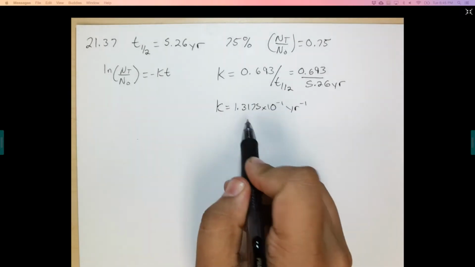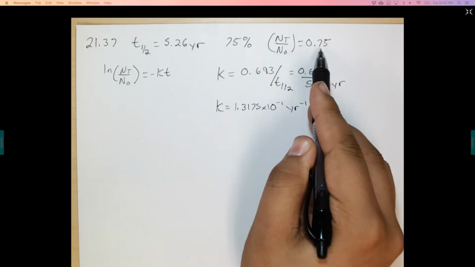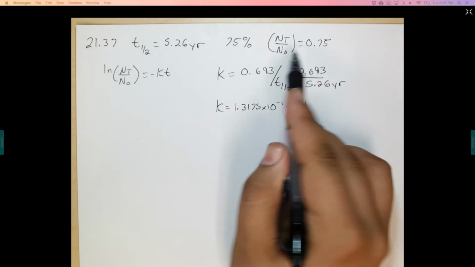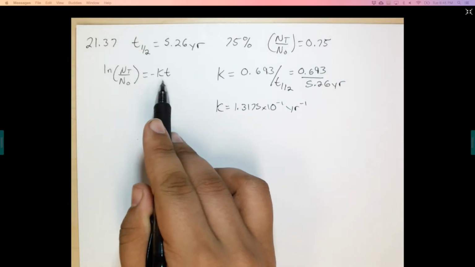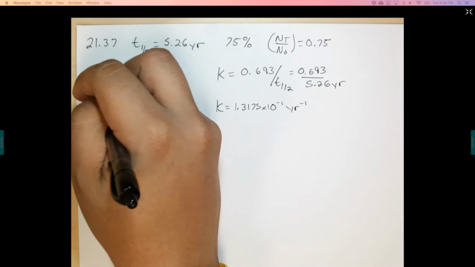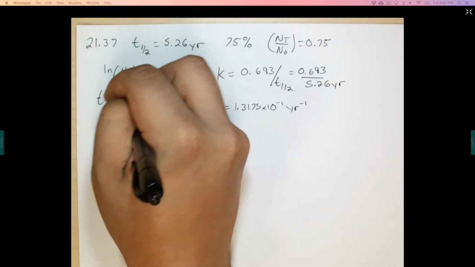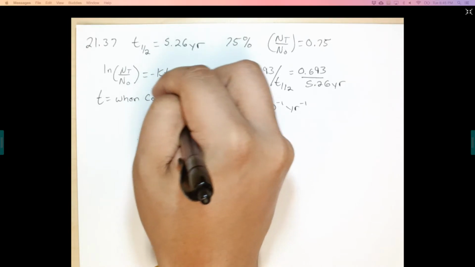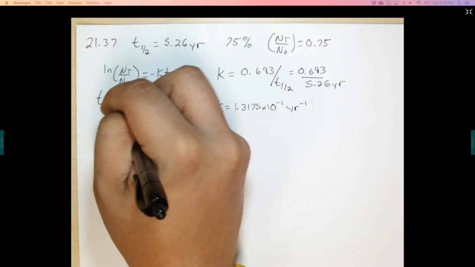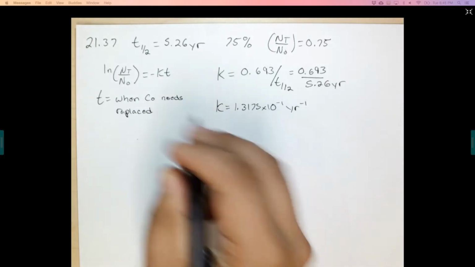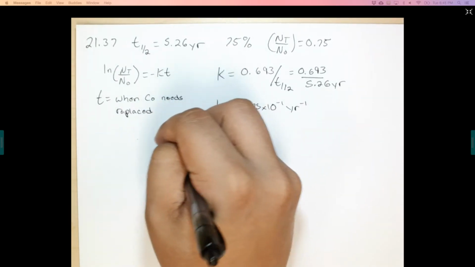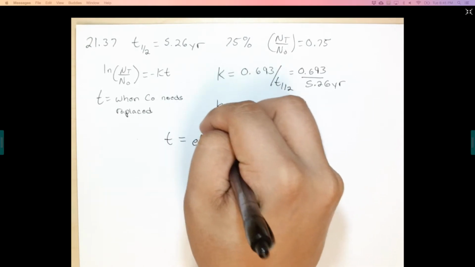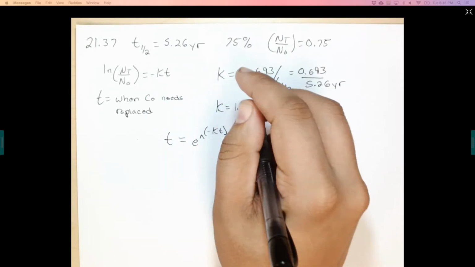Okay, so now that we have k, we know the ratio and the time that we're interested in of 75%. We can solve this equation for t, which is what we're looking for. t is equal to when the cobalt needs to be replaced.